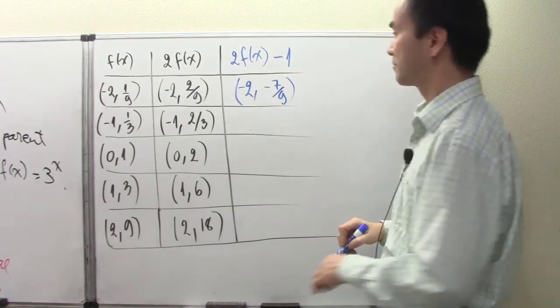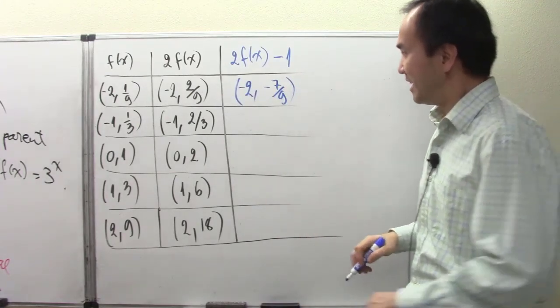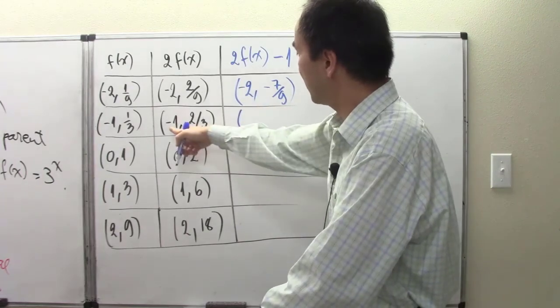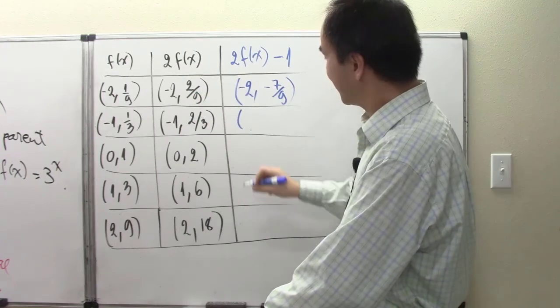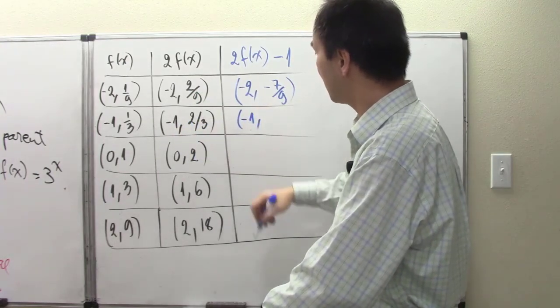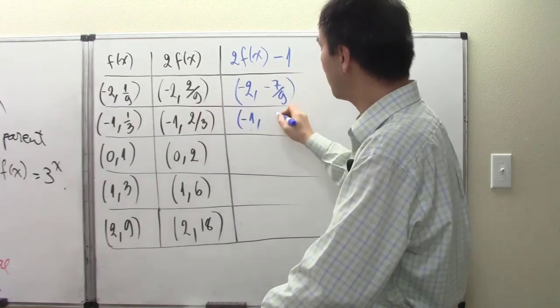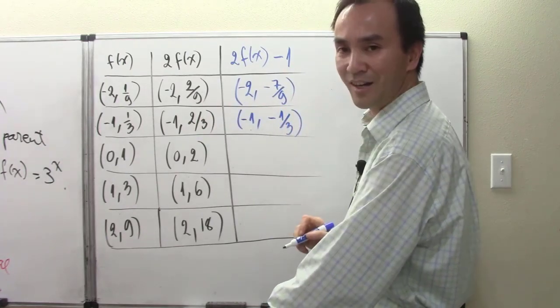All right, minus 2 comma negative 7/9. And then the next one here, negative 1, came out because I subtracted 1 from 2/9. The next one here, negative 1 comma 2/3, now becomes negative 1 comma 2/3 minus 1, which gives me negative 1/3. All right, negative 1/3.